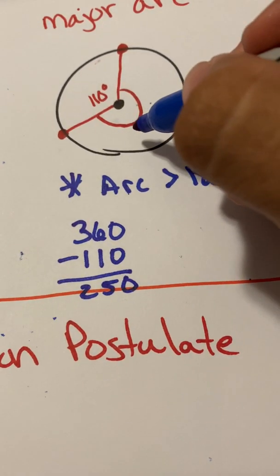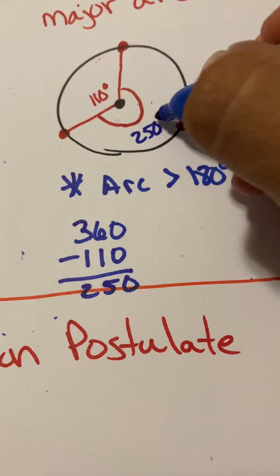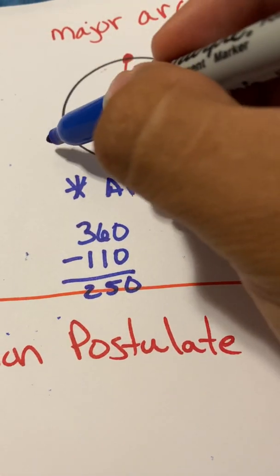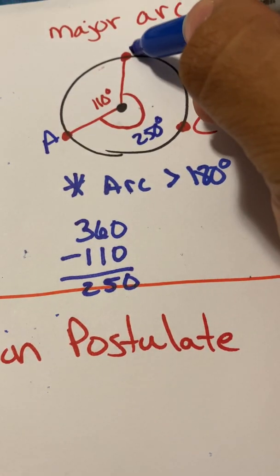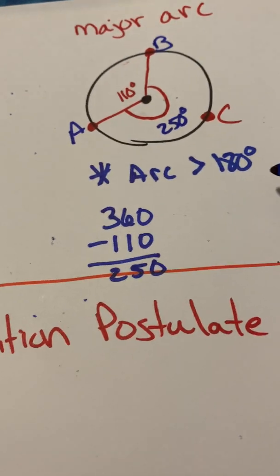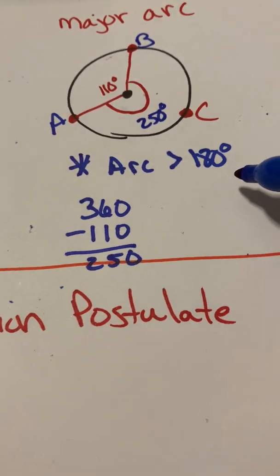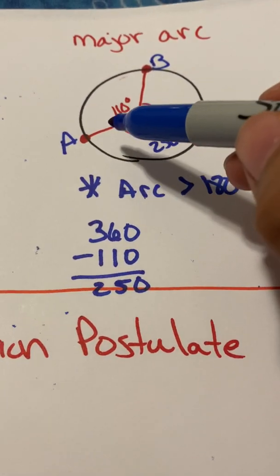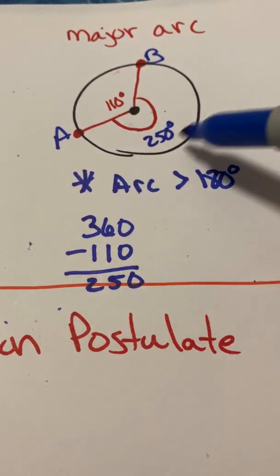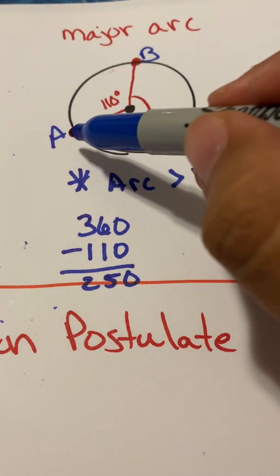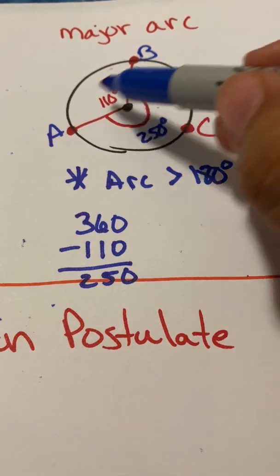So I'll put that here. We know that this is 250 degrees, and I'm going to label these because I forgot to label them. This is A and this is B and C. Now, how do we write this down? Well, we can't say AB, because we already used AB as the minor arc.